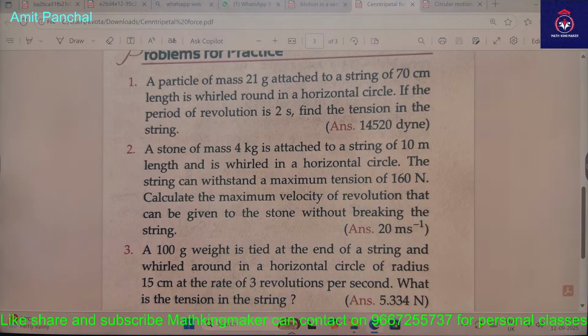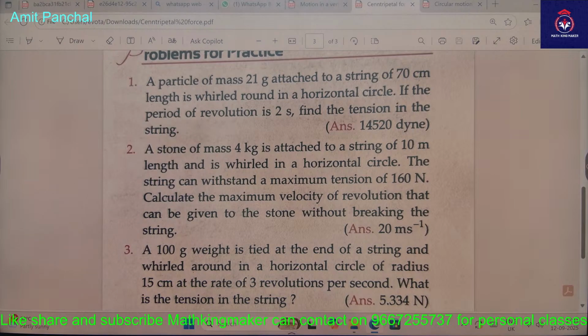This one is easy. First I'll find the frequency. It will be 1 by 2, so it will be easy. The frequency would be 0.5.